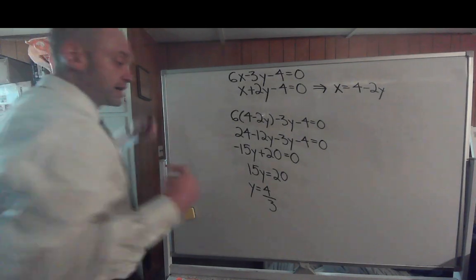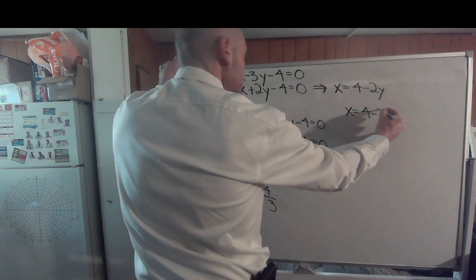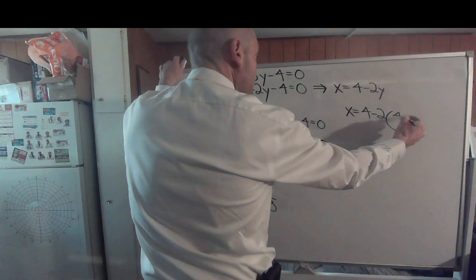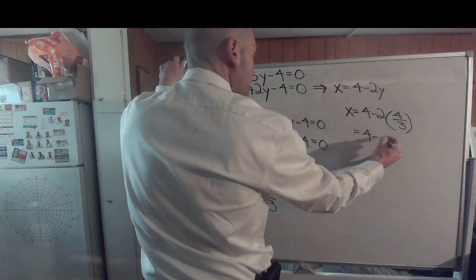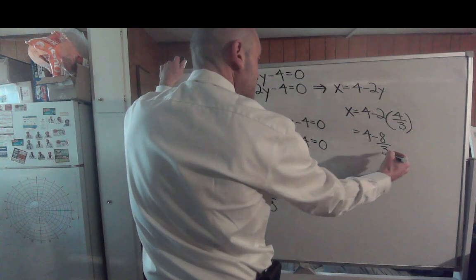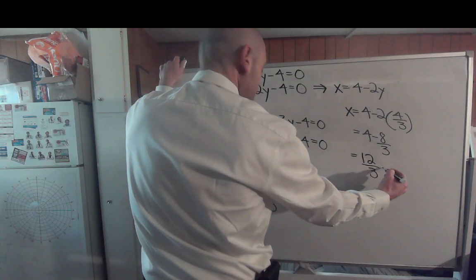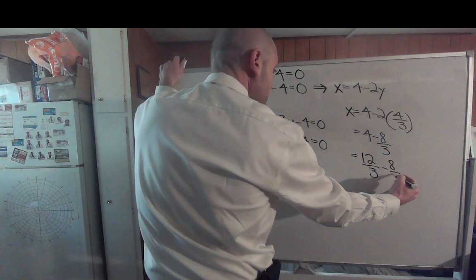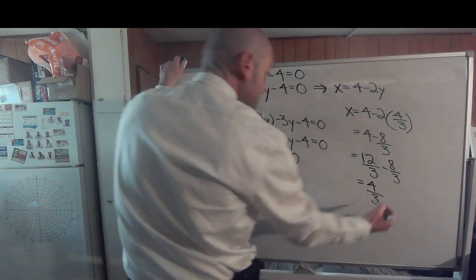What about x? So x would equal 4 minus 2 times 4/3, which would equal 4 minus 8/3, which would end up being 12/3 minus 8/3, which also means x is 4/3.